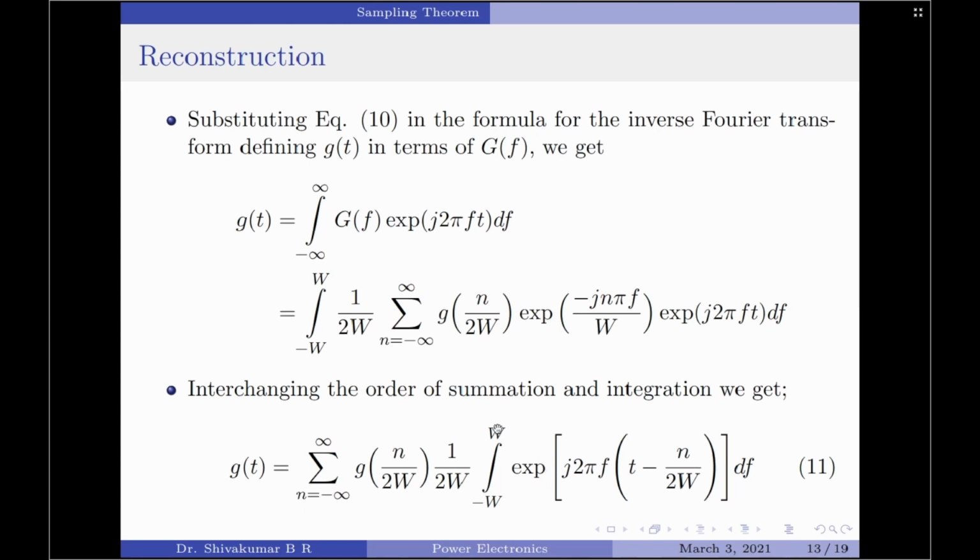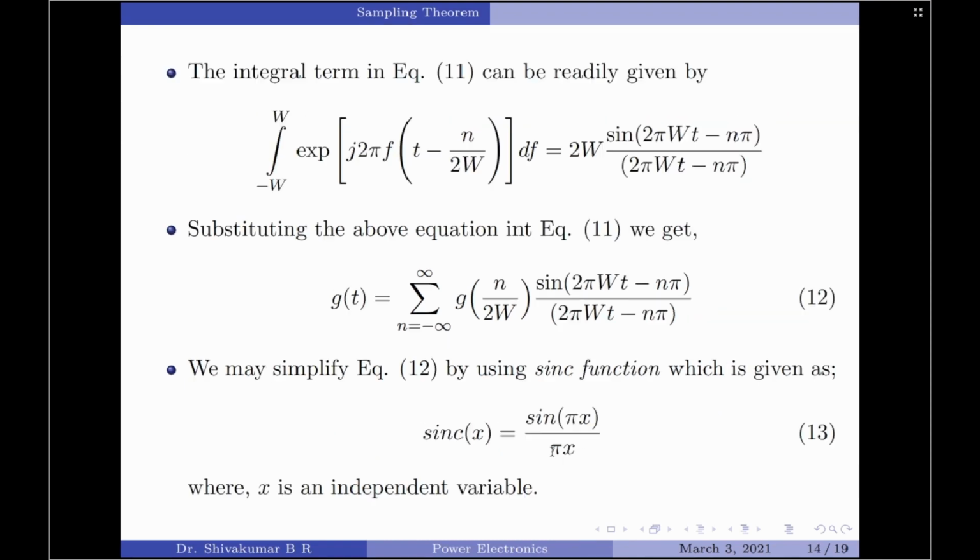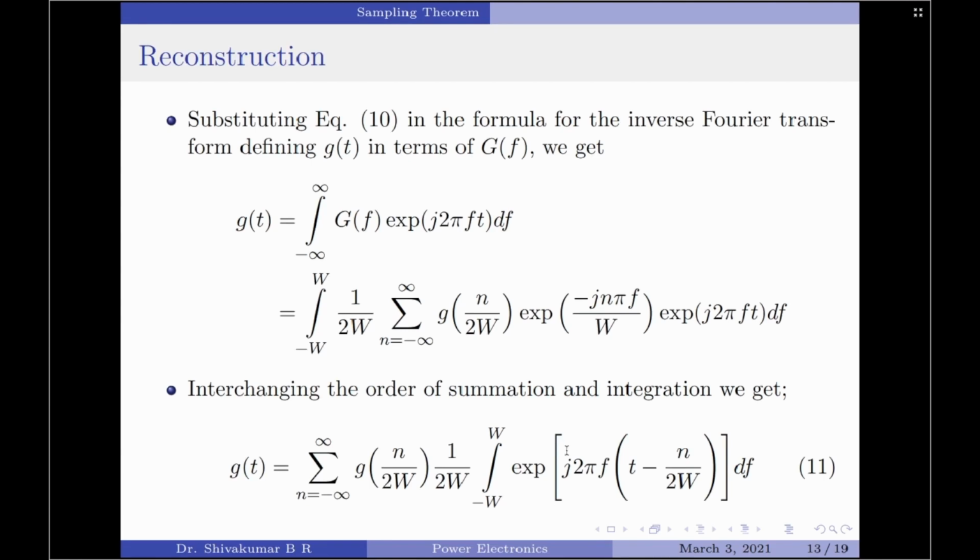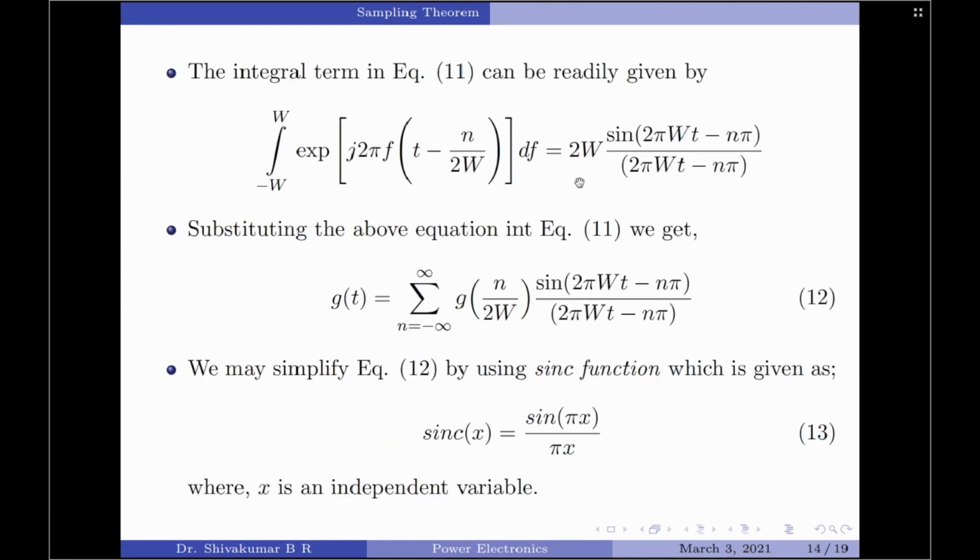The simplification of this equation is quite complex unless you know the integral term in equation 11. However, we have a ready equation that defines the integral term, and this, please note, is the integral term in equation 11 here, and it is equal to 2w into sine of (2 pi wt minus n pi) divided by (2 pi wt minus n pi).